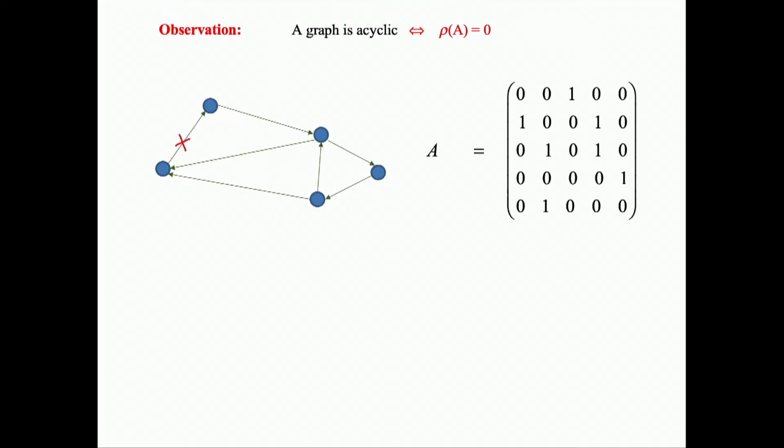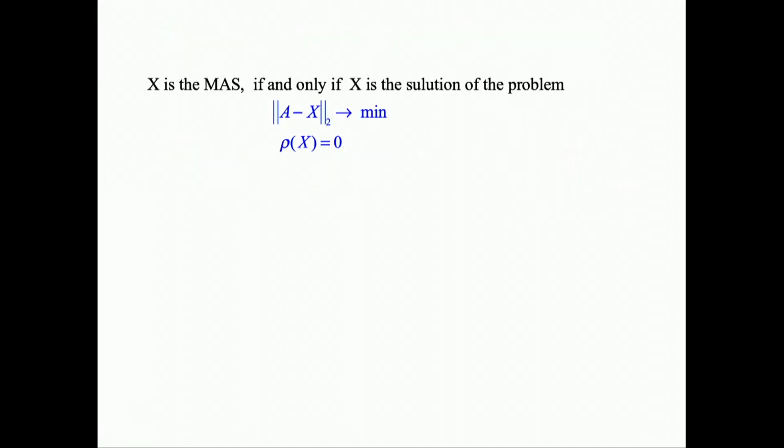For example, in our graph, we eliminate these two edges, which means that we put zeros in these two places, after which the spectral radius becomes 0. And now we see that we have the following problem. We have to minimize the Frobenius distance.